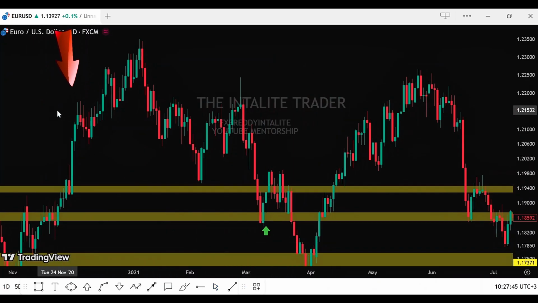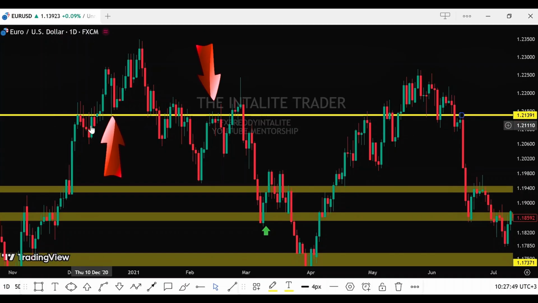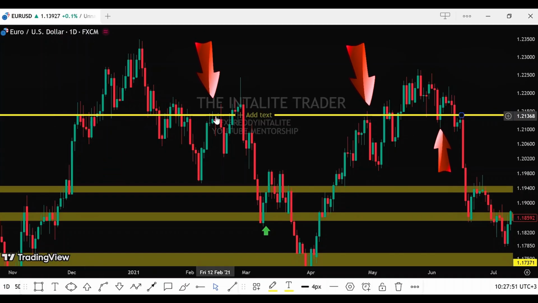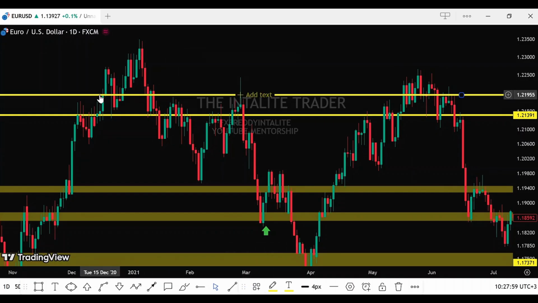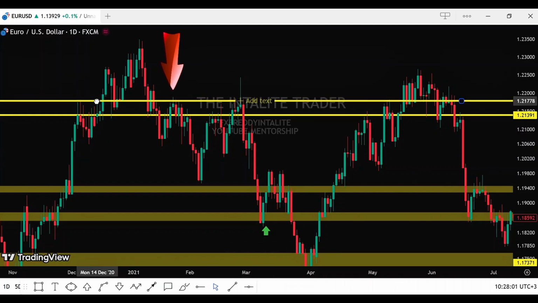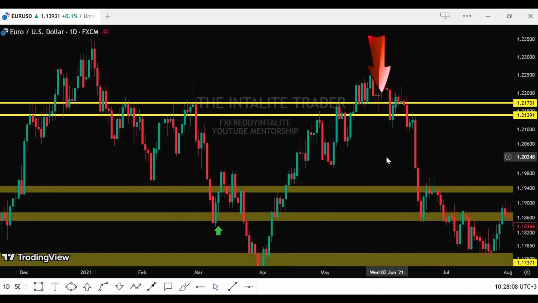We could say here you mark the candle body close, price respected it, respected it. You then come and also mark here candle body close, and you'll find candle body close again and again.